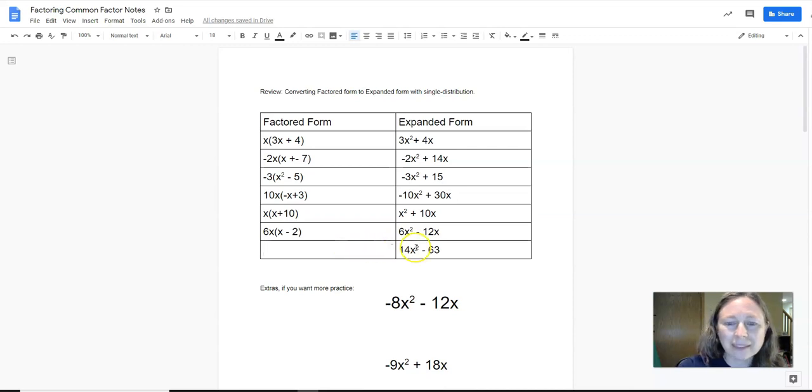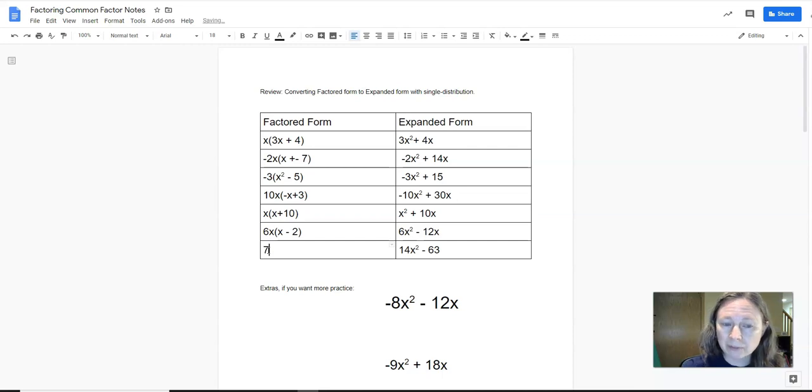Okay, next one down. 14x squared minus 63. Ooh, this one is tricky because you want to take x out of both terms, but this one has an x squared, and this term has no x at all. So therefore, we can't say that x is a common factor to both of them. Is there anything else that's a common factor to both of them? Not 2, not 3. Wait, 14 and 63 are both divisible by 7, and that may be the greatest common factor.